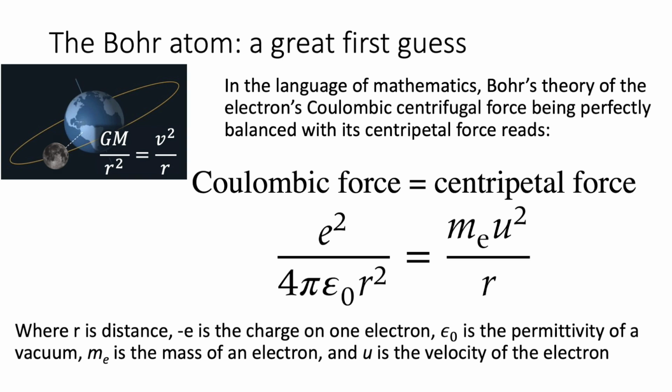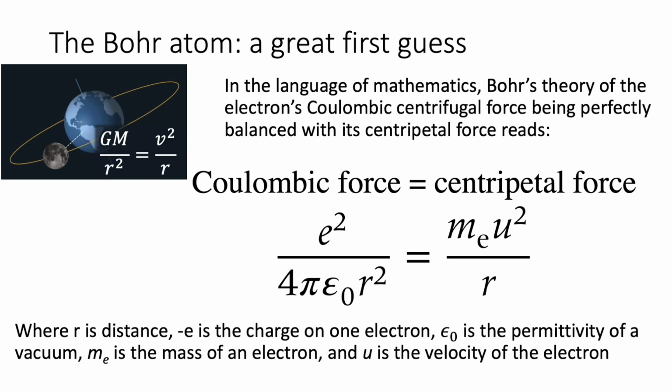So you've got some constant multiplied by 1 over r squared on the left side, same as the orbital equation at the top left. On the right side, we've got velocity squared over r again, and a constant over here too. Not paying too much attention to the constants, this is the same principle.